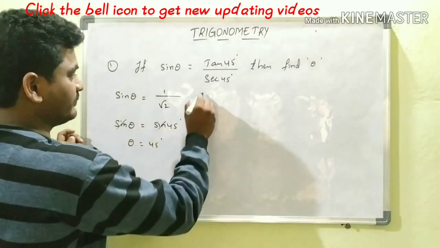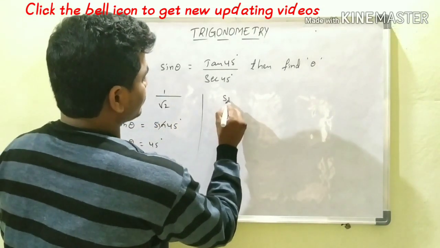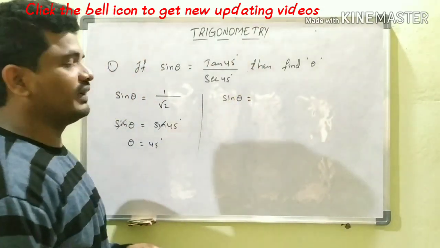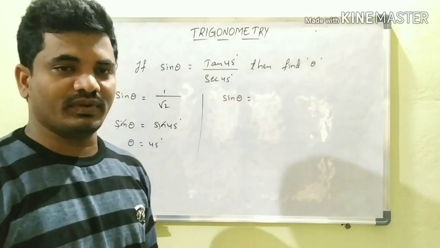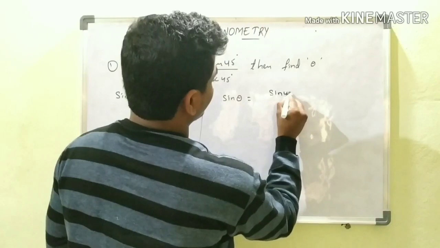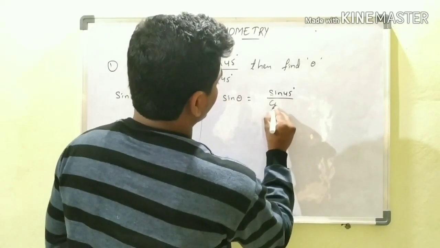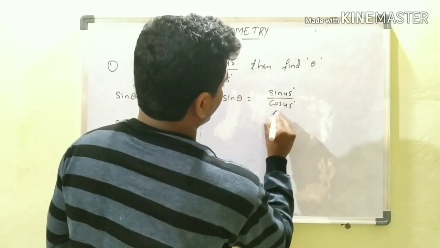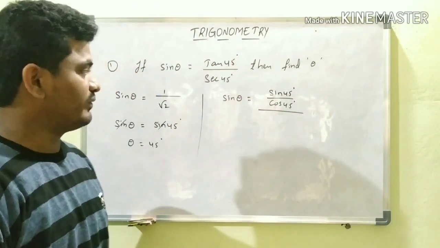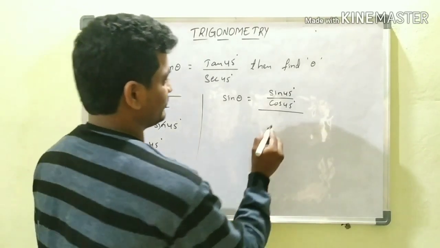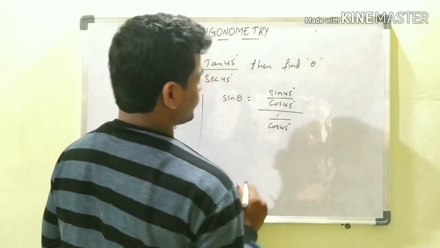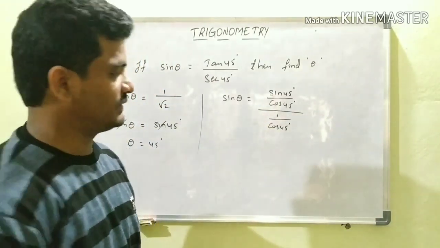And the second method: sin theta equals, here tan 45 we can write as sin 45 by cos 45. Similarly, sec 45 can be written as 1 by cos 45, because it is the reciprocal of cos.